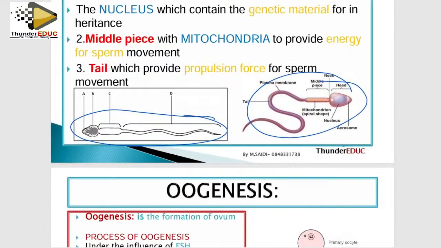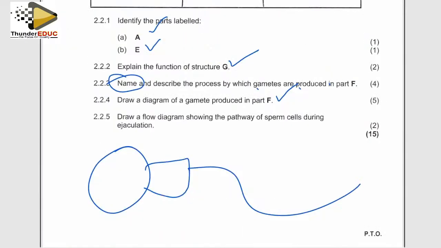The head must be pointed, and the acrosome, and it must be in proportion. After that, give the title, then label everything: acrosome, nucleus, middle piece, then you put the mitochondria, and then the flagellum or tail. And then you say the structure of gamete F, or structure of a sperm, or spermatozoa.